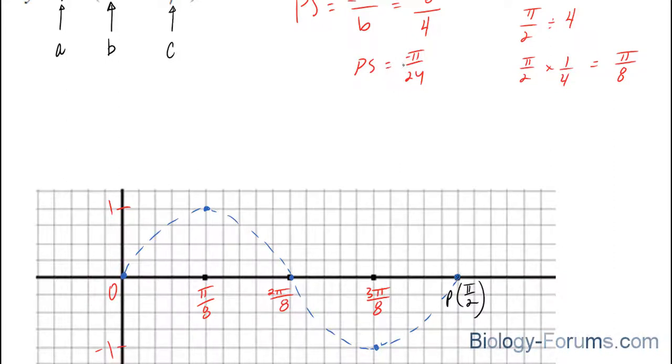Now, given that the phase shift is negative, this curve will be shifted to the left. So negative suggests left, positive suggests right. Every one of these points, these major points, will be shifted pi over 24 to the left. So this point will be shifted to the left pi over 24, which would be some point.